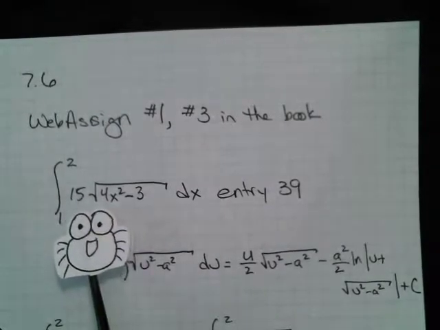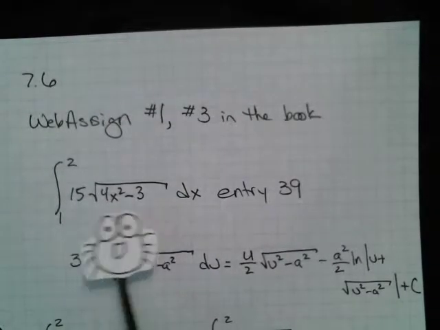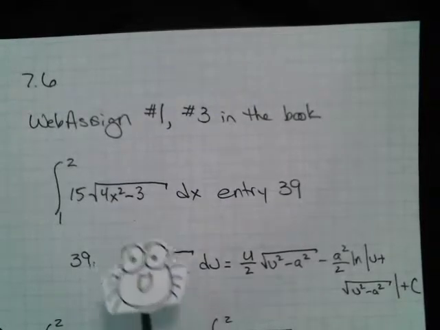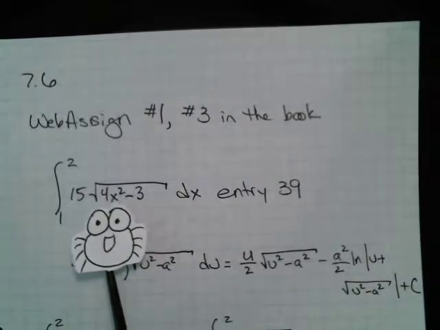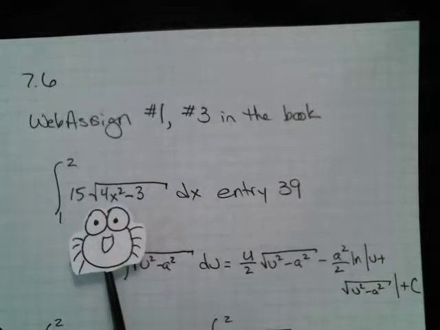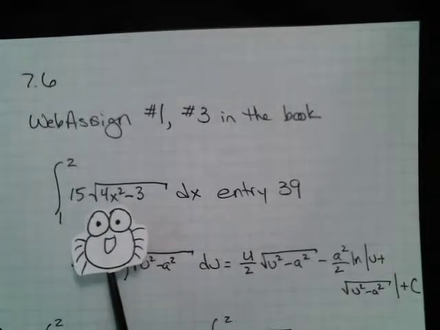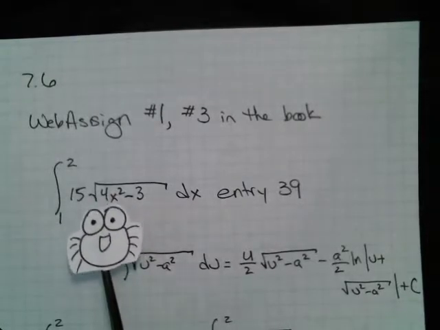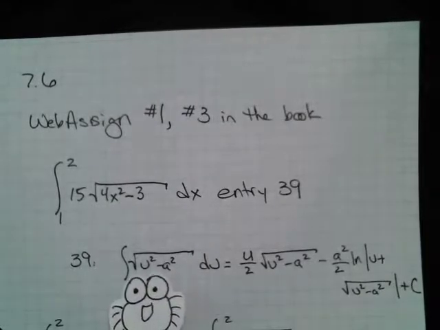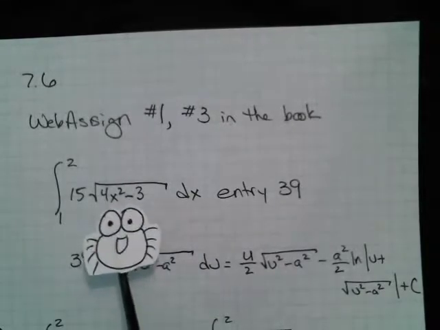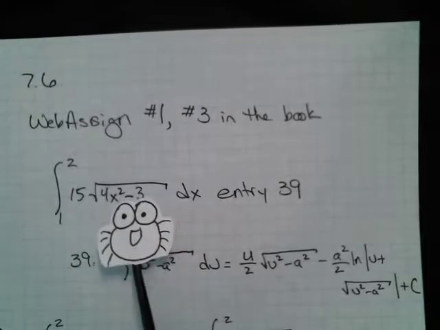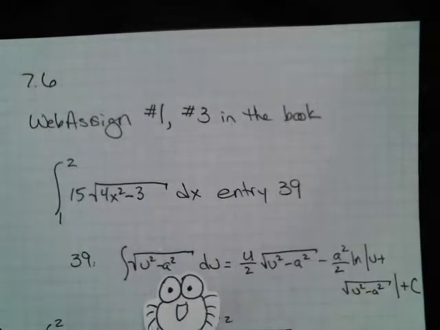What's really interesting here is we've got a square root or a radical, which we have here. We've got our x squared coming first. It's 4x squared, but again, constants less important than the variables here. So 4x squared is going to translate to our u squared in the formula. We've got a minus in the middle, and then we've got 3, which corresponds with a squared.